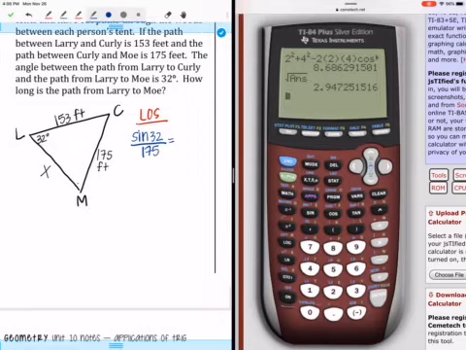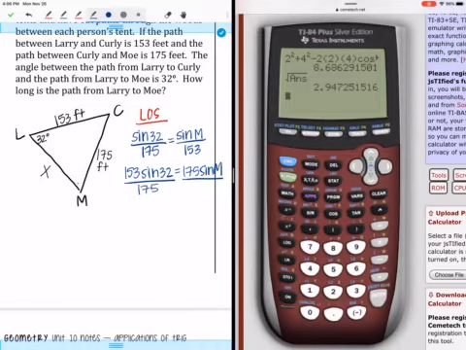Now in this case, we're forced to use the 153 because it's the only other side that we have. So we would say sine of m over 153. When we cross multiply, what we're really going to divide both sides by is going to be 175.